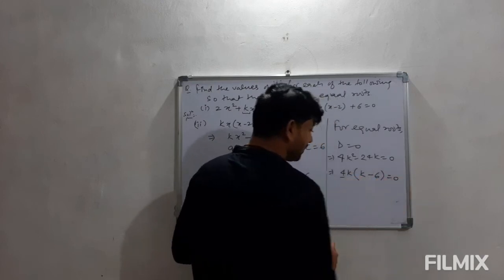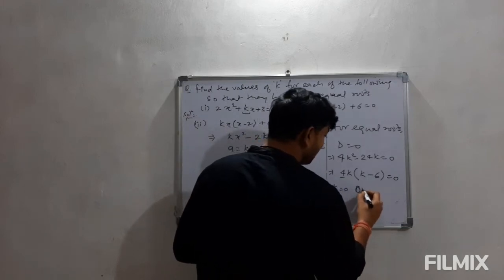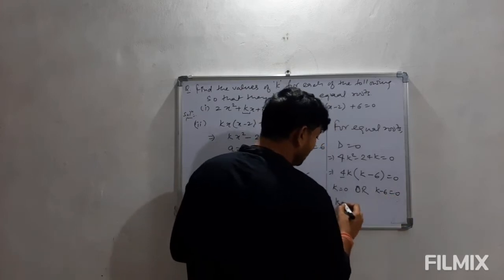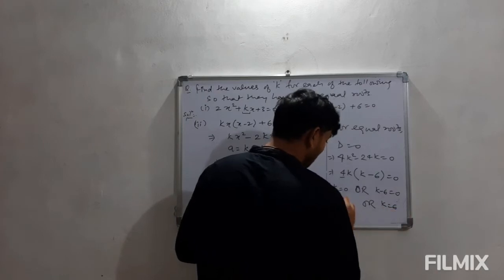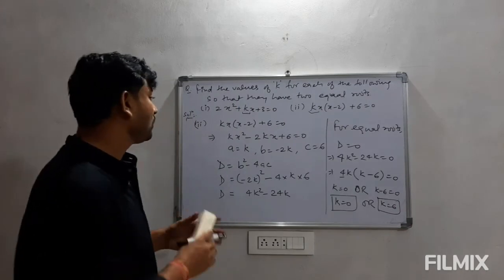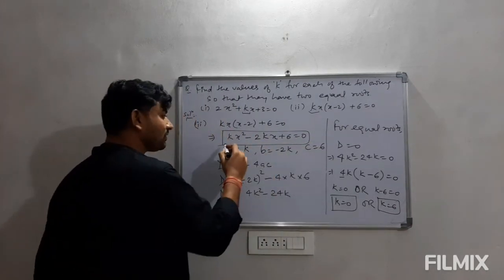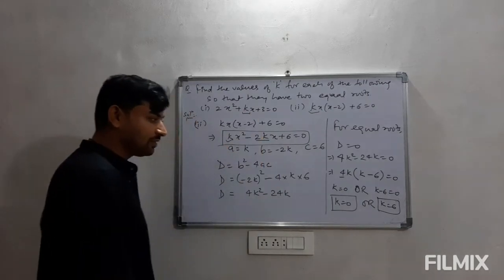Now this 4 cannot be 0, so clearly k is equal to 0 is possible, and k minus 6 is equal to 0 is also possible. So we are writing k is equal to 0 or k is equal to 6. Now come to the standard form. Look at this equation. The k is present at two places. One is the coefficient of x square and then the coefficient of x.